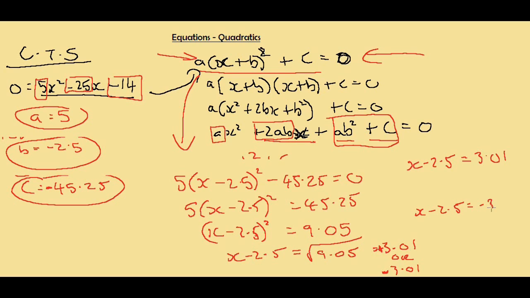Now we find the answers for both. The positive 3.01 case gives us an answer of 5.51, and the minus 3.01 case gives us a value of minus 0.51.